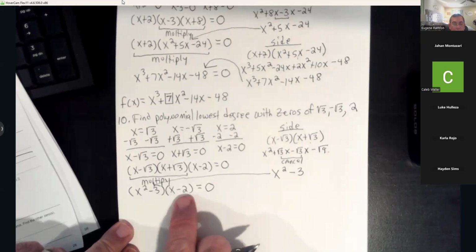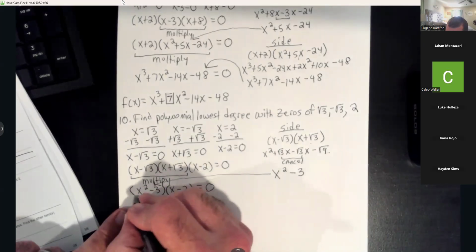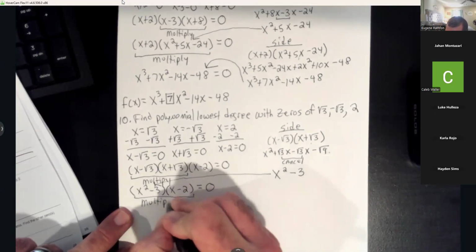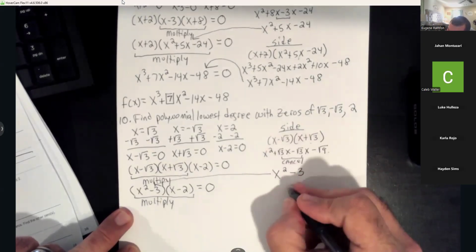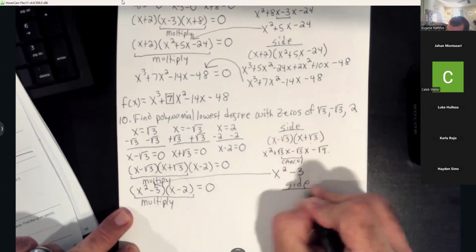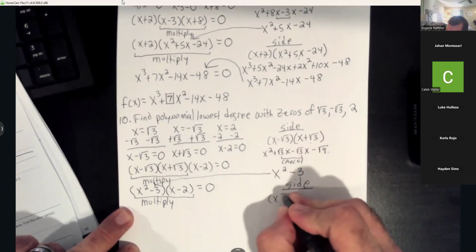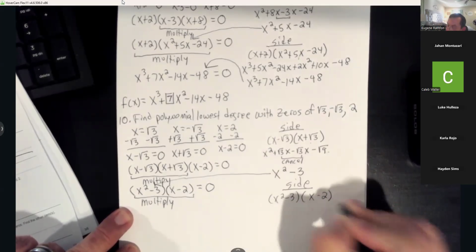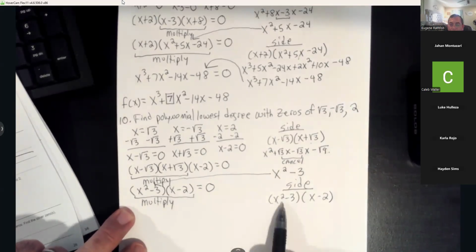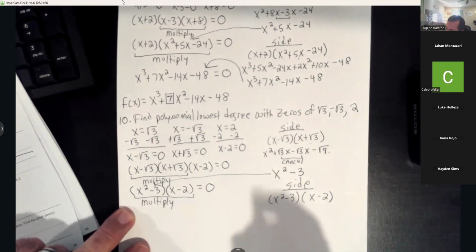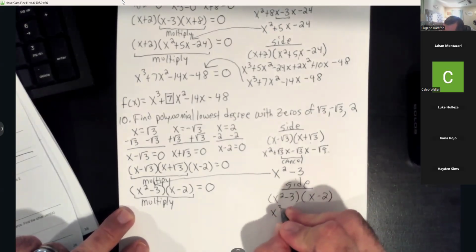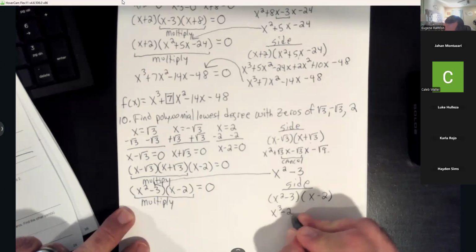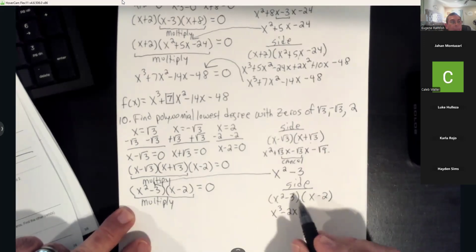Alrighty. So now we got to multiply these. All right, y'all. So on the side, I'll multiply them real quick. x squared minus 3 times x minus 2. So x squared times x is x cubed. x squared times negative 2 is a negative 2x squared.